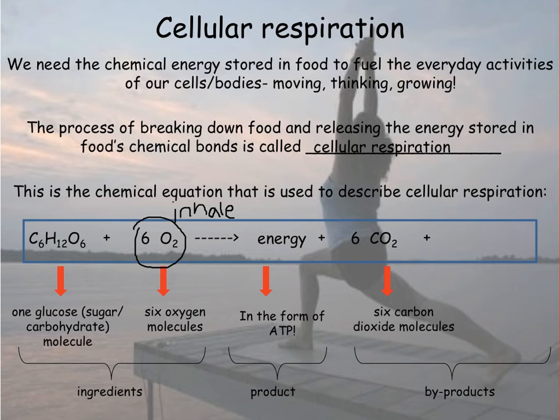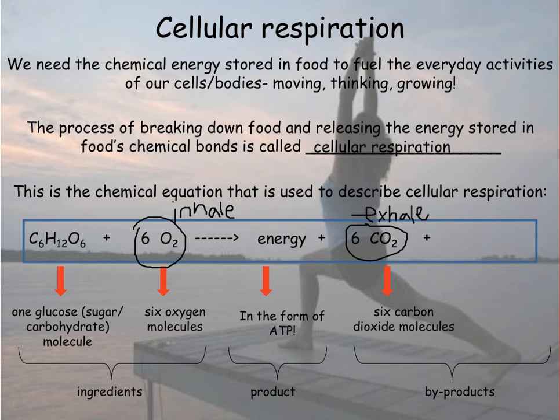What this means is that we have to get rid of it quickly after it is made as a byproduct of cellular respiration. So we do that by exhaling it so that it is no longer a danger to our bodies.